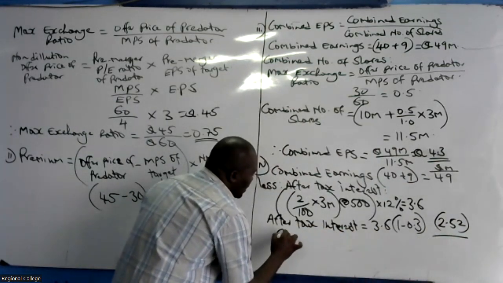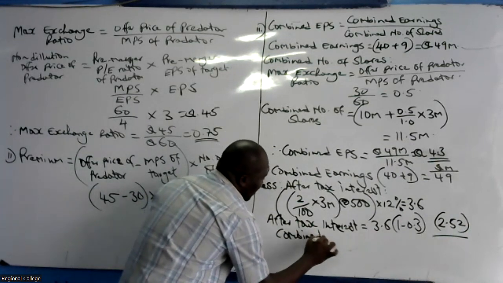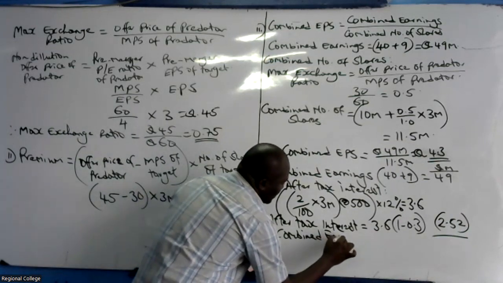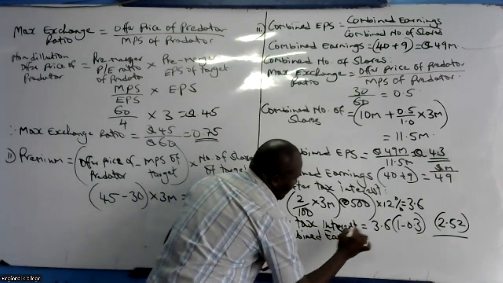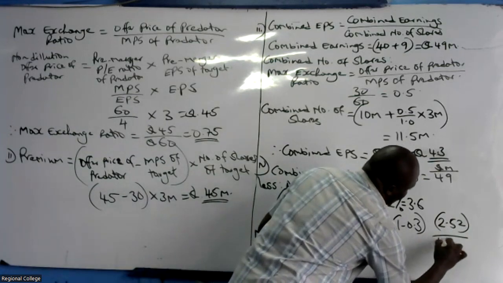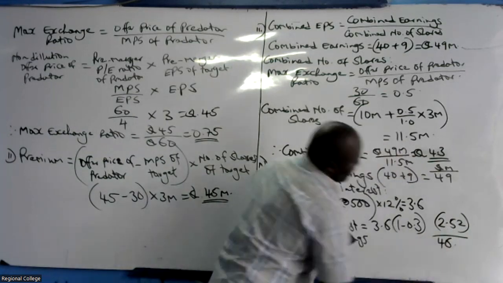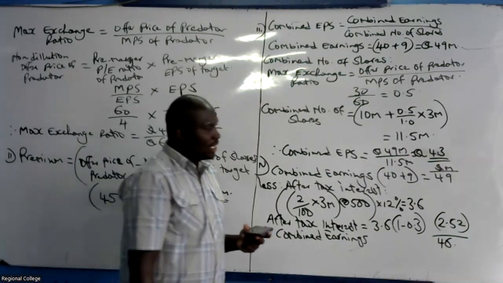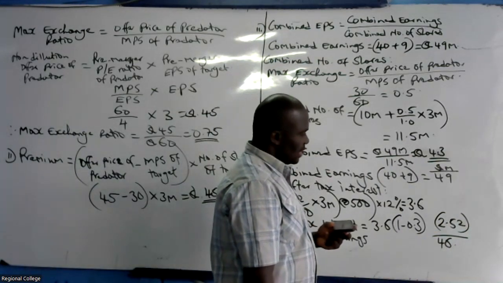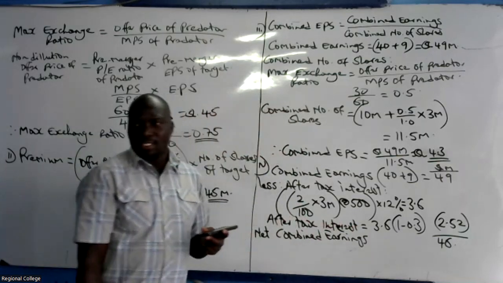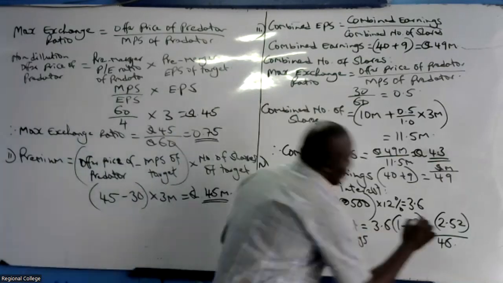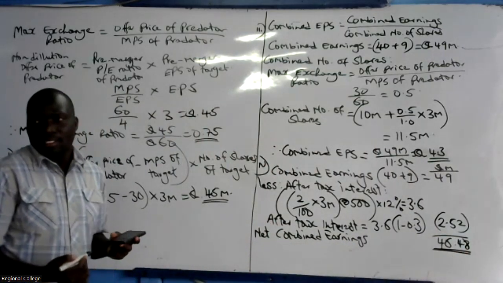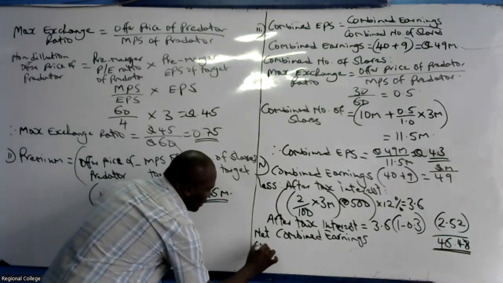So therefore, net combined earnings, the difference becomes 46.48. Right? Then can we have the combined number of shares?